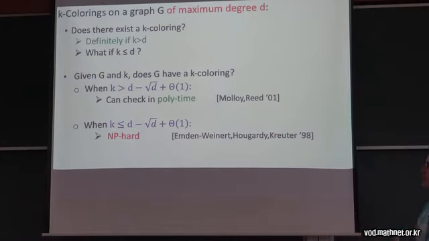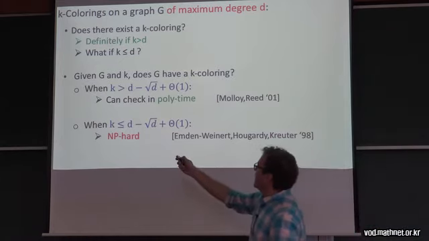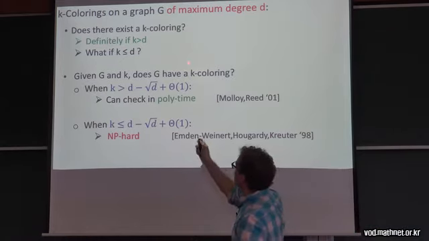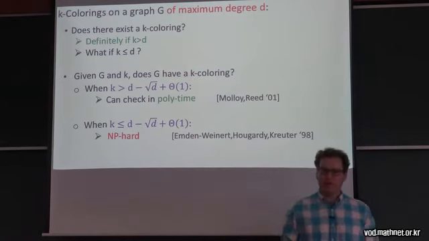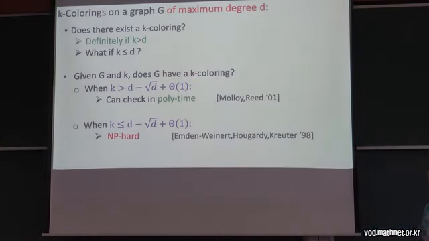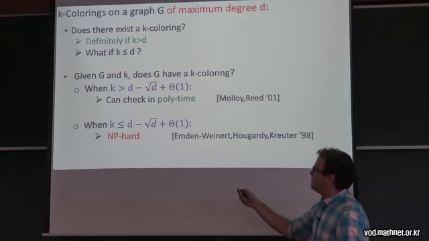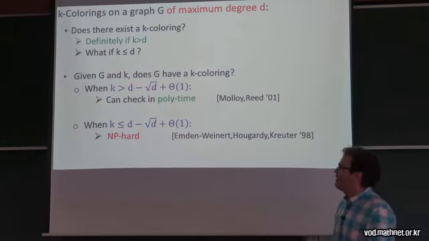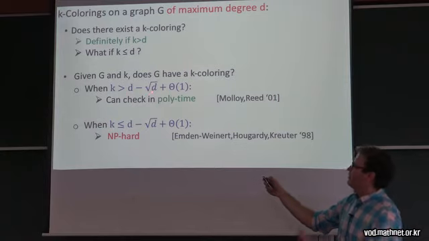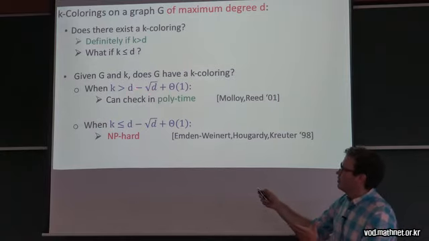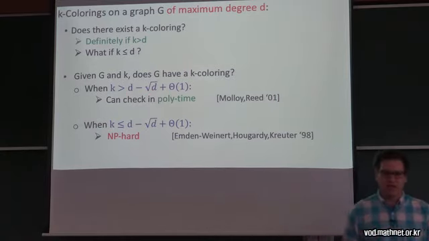So you might ask the computational question: if I give you a graph and I give you a K, can you figure out whether there's a K-coloring or not in polynomial time? There's a very beautiful result, this amazing result of Molloy and Reed, which shows that there's a threshold at roughly D minus square root D, and when the number of colors is bigger than that, then in poly time you can check whether there is a K-coloring or not.